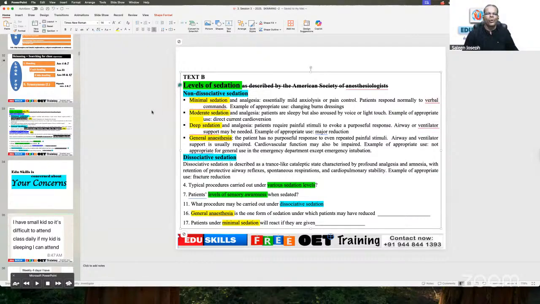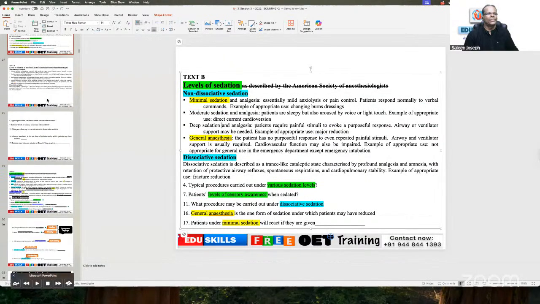So moderate and these two things are not given in the question. So you have clear indications where to reach for the answers. Did you get it? Yes, Father.